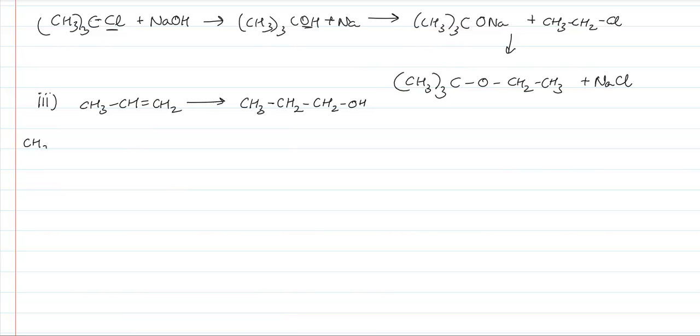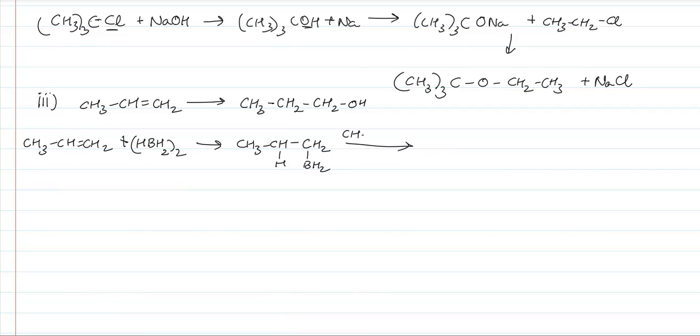So you have propene reacting with HBH2, or HBH2 taken twice. And this in turn is going to give us CH3, CH, CH2, HBH2. And this further is undergoing a chemical reaction with another molecule of propene.